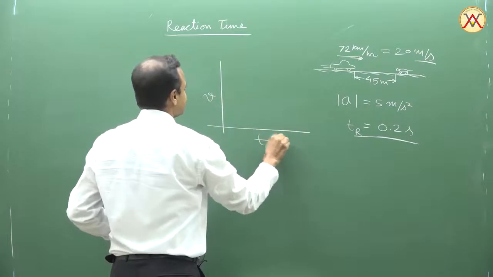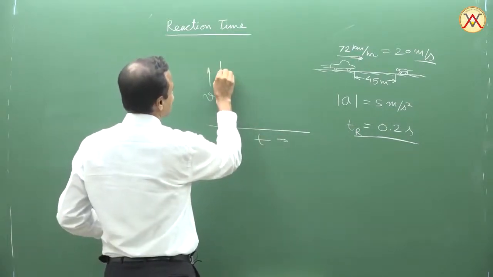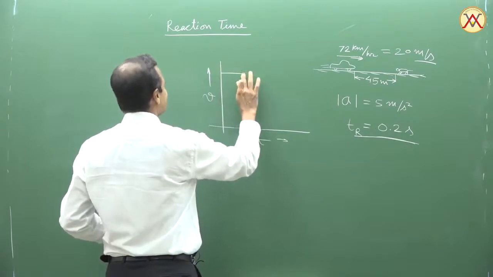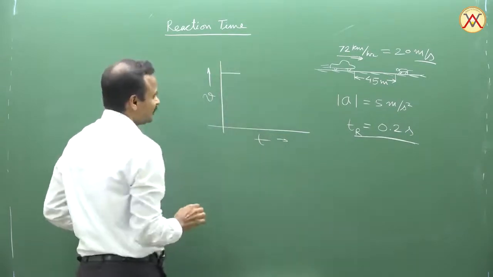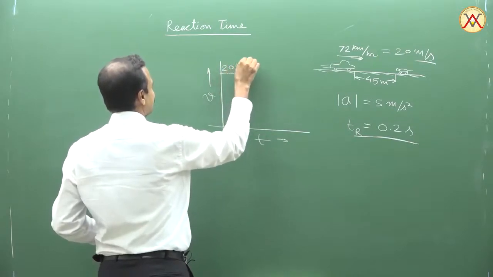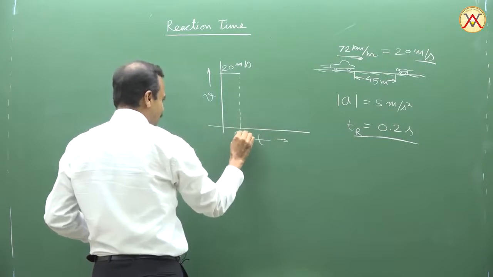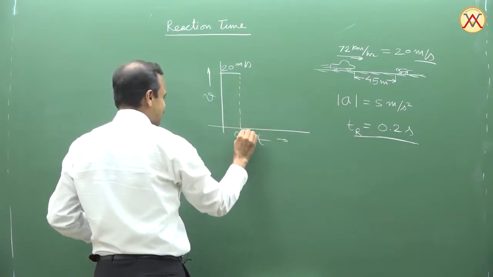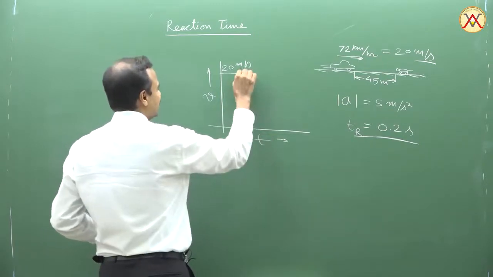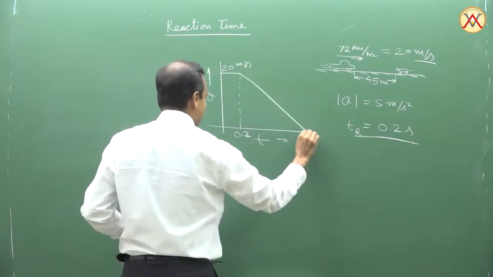VT graph will have two parts. First part will be flat. During the reaction time, the vehicle is moving at a constant speed, which is your 20 meter per second, and then after 0.2 seconds, when the brakes are actually applied, it has a retardation and it comes to a halt somewhere here.